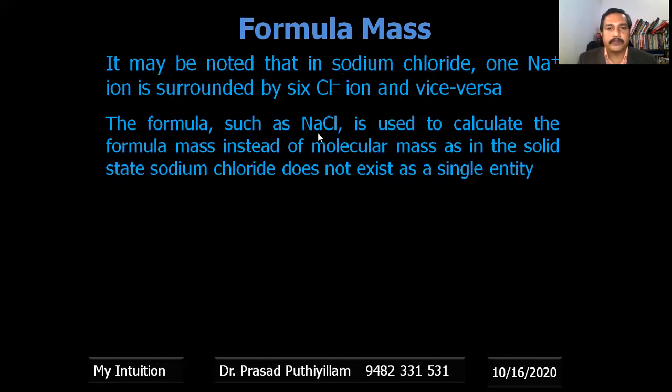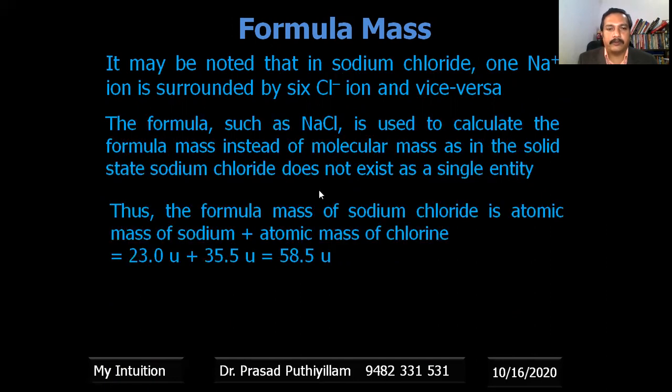NaCl is the formula of sodium chloride. It is used to calculate the mass because sodium chloride does not exist as a single entity, but still we have to consider the formula for calculating the mass. Therefore, we call it formula mass. The formula mass of sodium chloride is the atomic mass of sodium plus the atomic mass of chlorine, that is 23.0 u plus 35.5 u, which becomes 58.5 u.